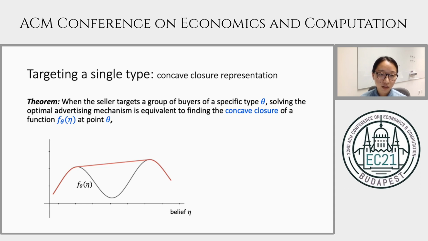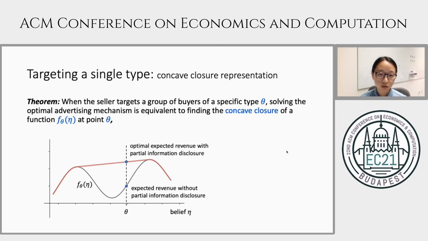And this function f is defined on all possible beliefs about omega. The value of this function at point theta is equal to the expected revenue without any partial information disclosure, and the value of its concave closure is equal to the optimal expected revenue when the seller can reveal some partial information. And the optimal mechanism is defined by the points of contact between these two functions.